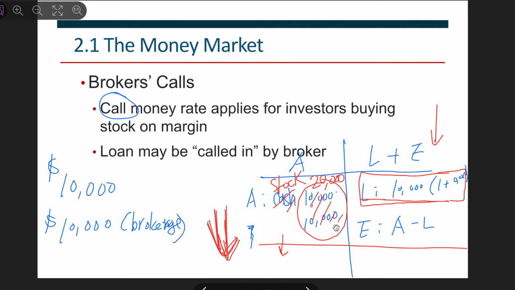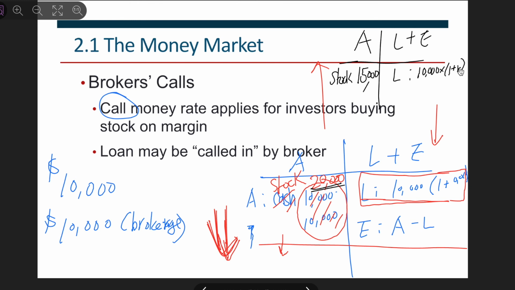$20,000, can go down. Now the balance sheet is different: asset, liability, and equity. So stock, $20,000, let's assume it became $15,000. What happens to the liability? It remains the same, $10,000 times 1 plus the interest rate.